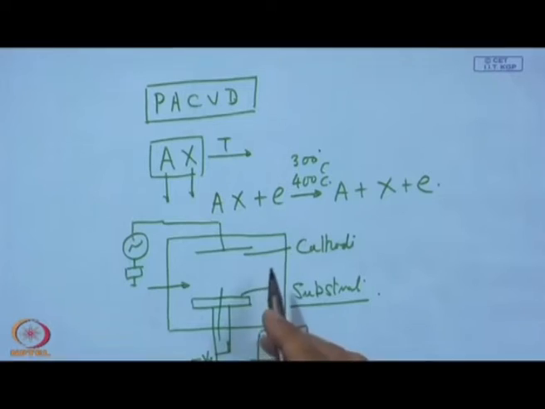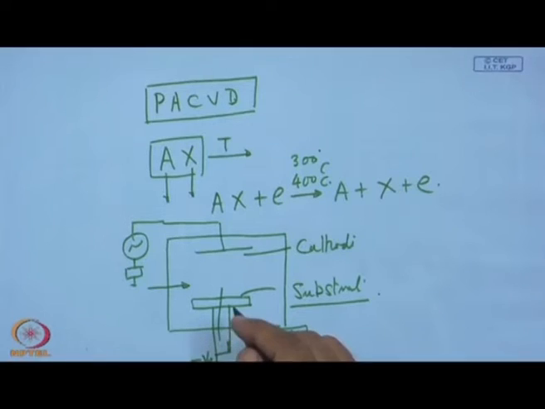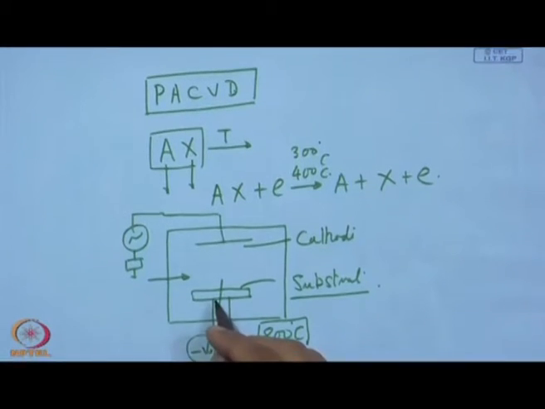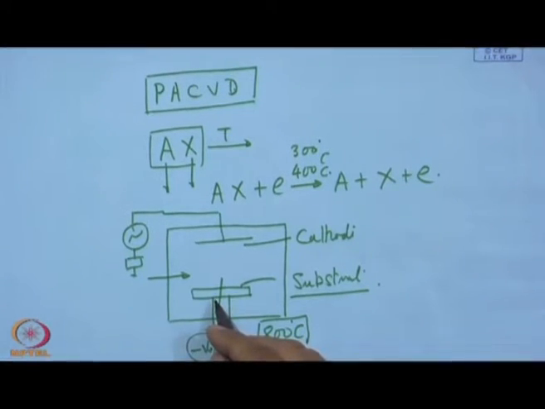So, even with this CVD, it is also possible to have this substrate biasing, and in that case there will be impingement with this ion. Of course, the negative polarity has to be properly chosen, so that there should not be resputtering of the entire material.